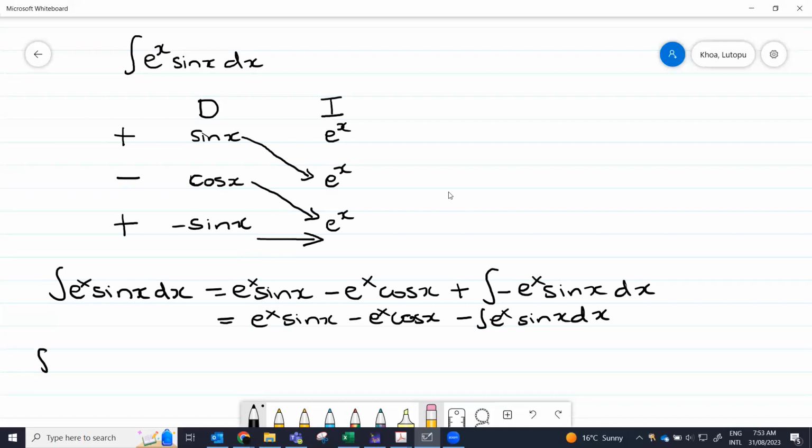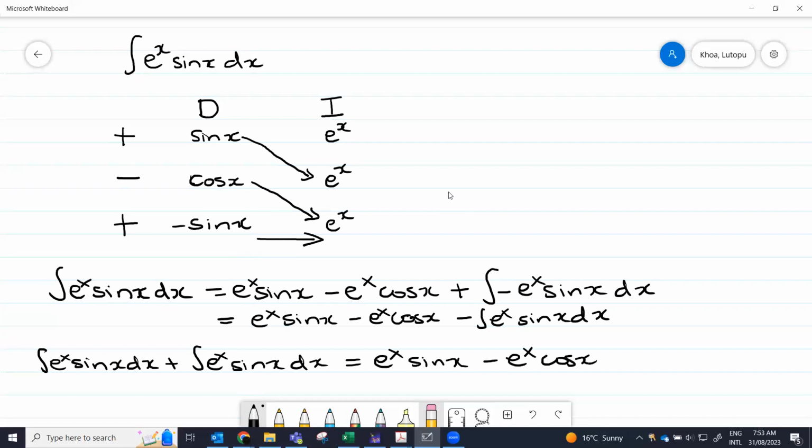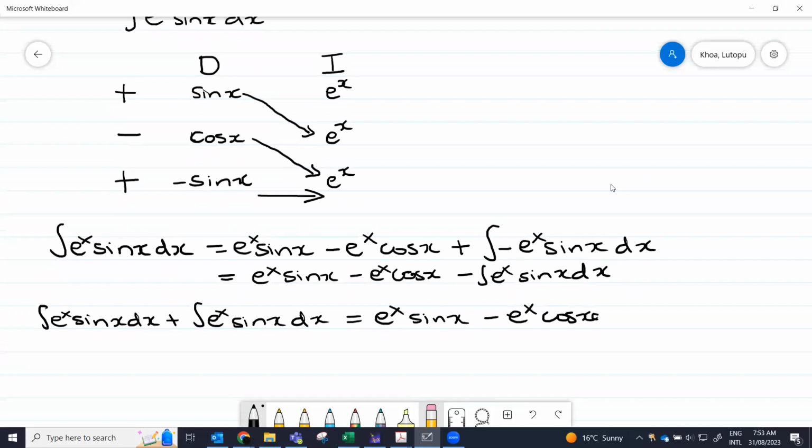So I'll have the integral of e to the power of x sine x dx plus the integral of e to the power of x sine x dx. This is e to the power of x sine x minus e to the power of x cos x. Okay, and then these two, because they're exactly the same, that means I have 2, the integral of e to the power of x sine x dx.